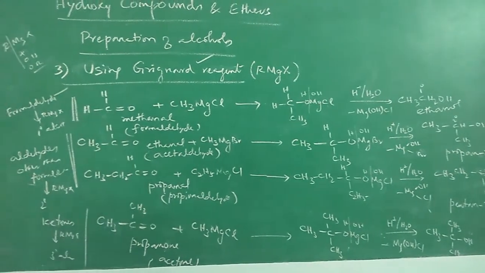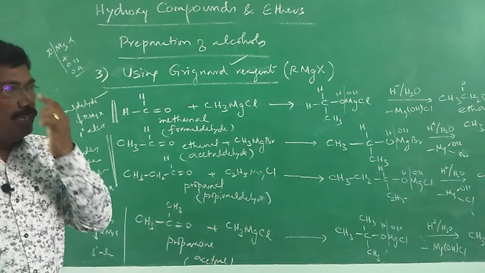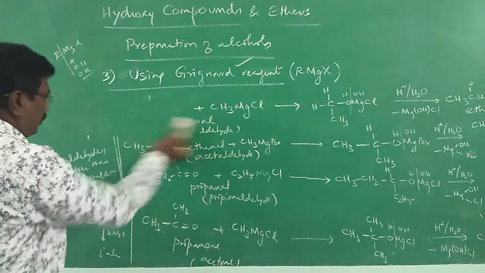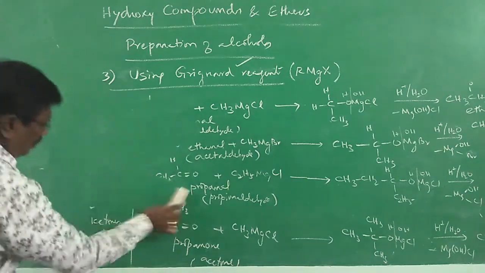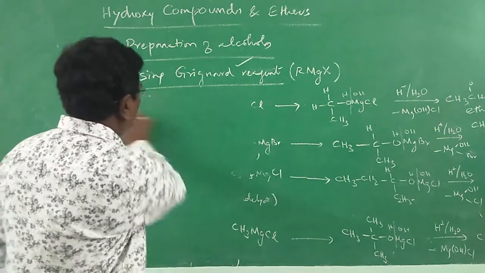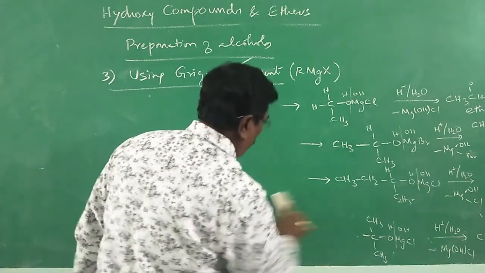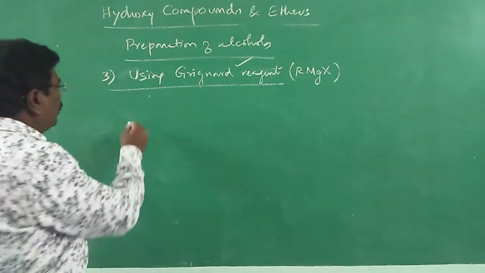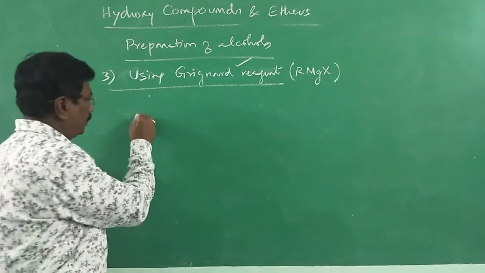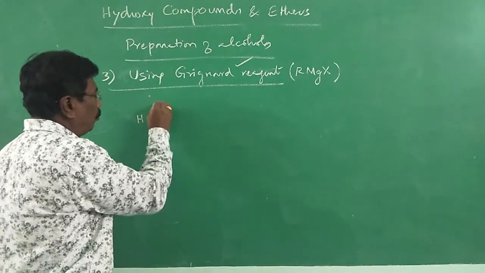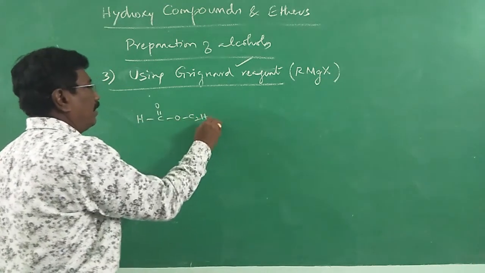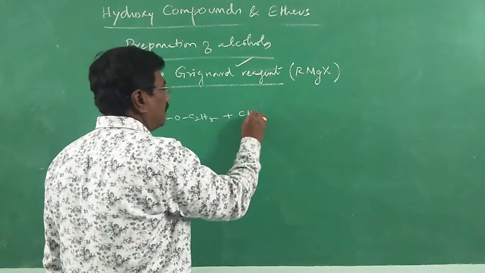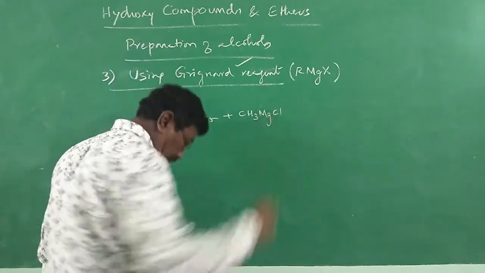Reaction of esters. Let me take a formate ester. Reaction of formate ester, HC double bond O, OC2H5, with the Grignard reagent, CH3MgCl.